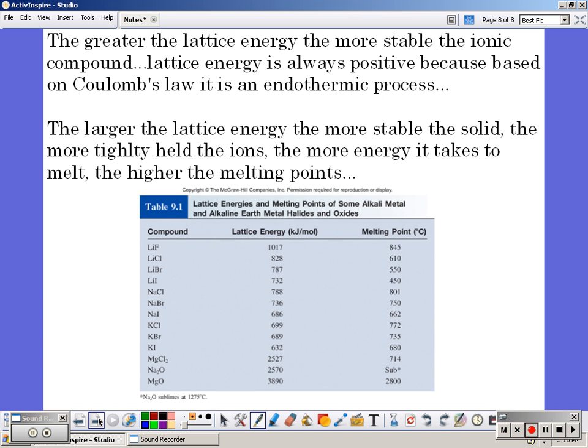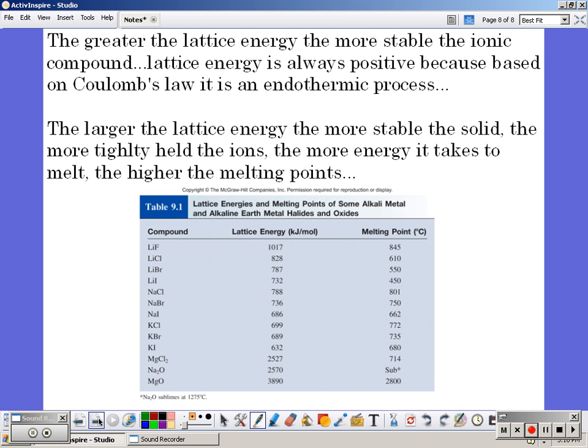The larger the lattice energy, the more stable the solid, the more tightly held the ions. So when we say that the lattice energy is a large value, we're saying that those ions are really attracted to each other. And if they're really attracted to each other, then that can describe some of the properties that we notice, like melting points.